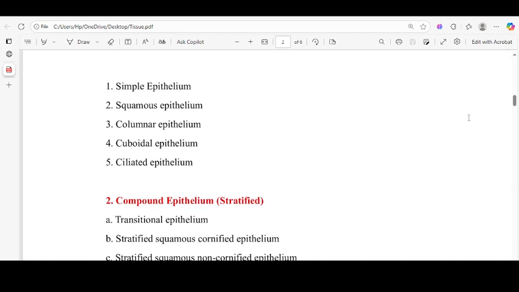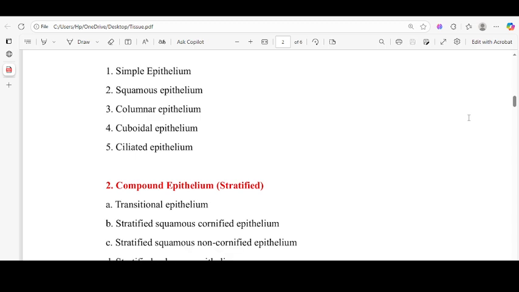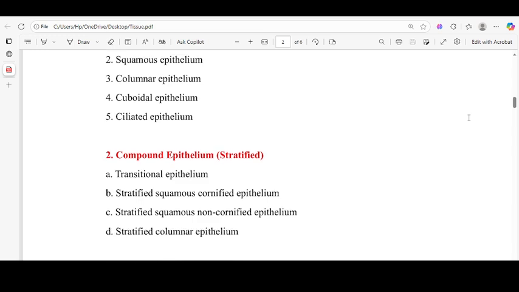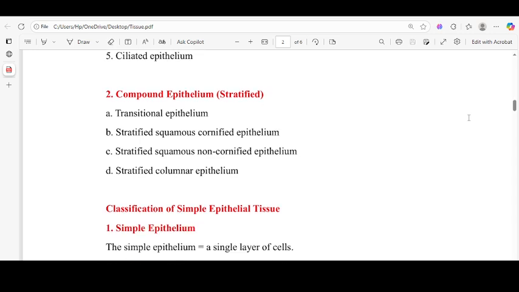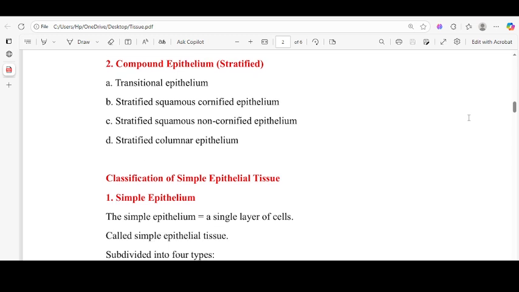And second is compound epithelium, another name is stratified epithelium, and it has further subtypes: transitional epithelium, stratified squamous keratinized epithelium, another name cornified epithelium, and stratified squamous non-cornified epithelium, and fourth is stratified columnar epithelium.